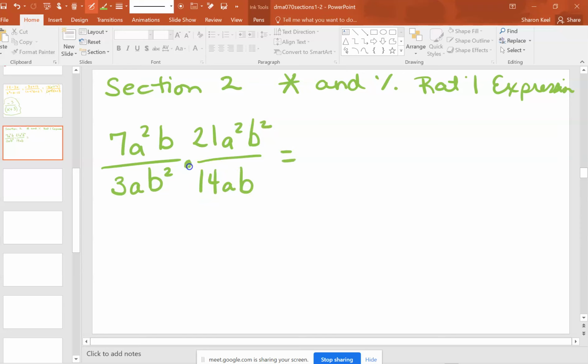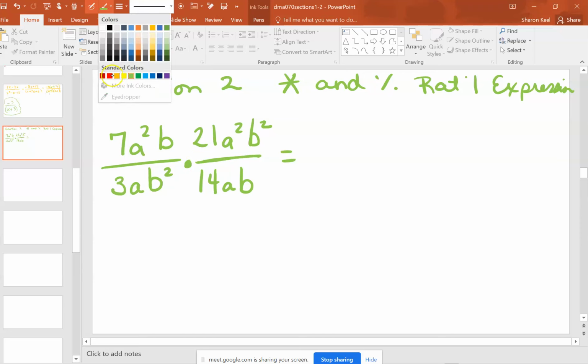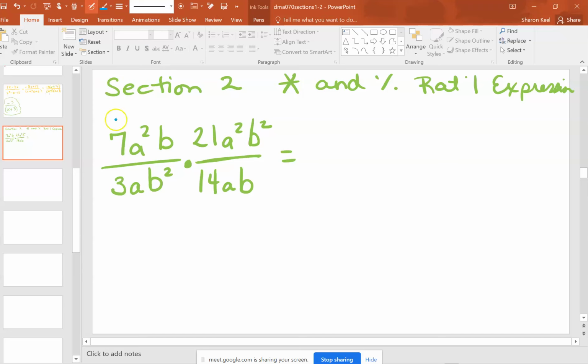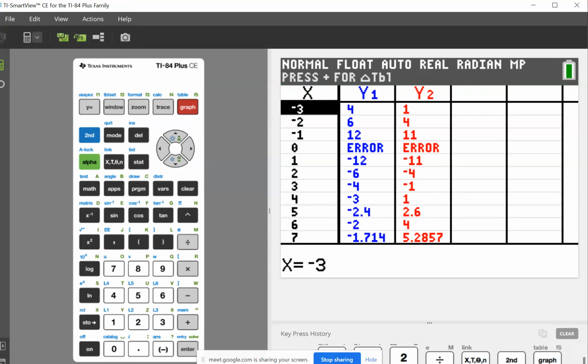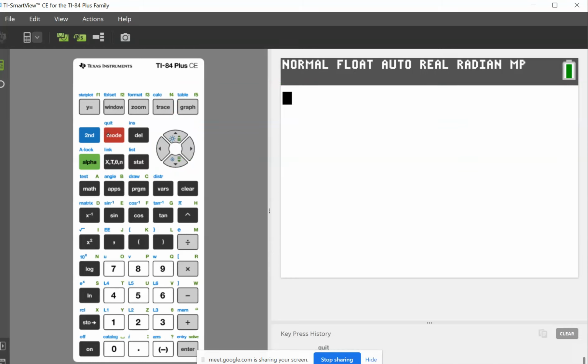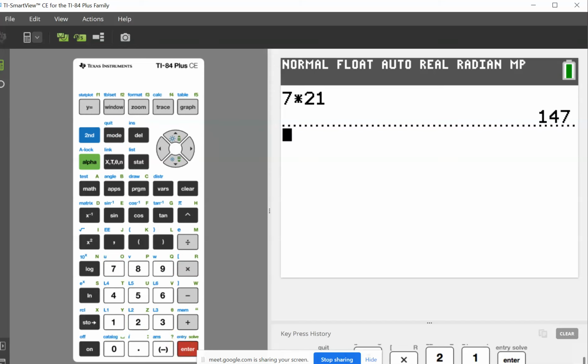Now, the way the workbook shows, they factor everything to prime numbers and then cancel out. That's a lot of busy work. I don't do mine that way. What I like to do when I do this one, it's all multiplication. So I'm going to multiply these two numbers. We're just going to do 7 times 21, 147.